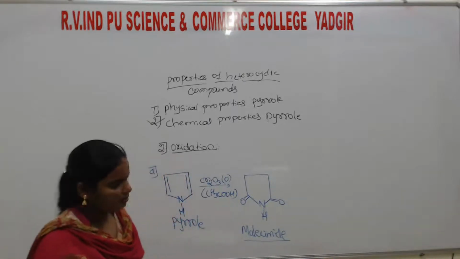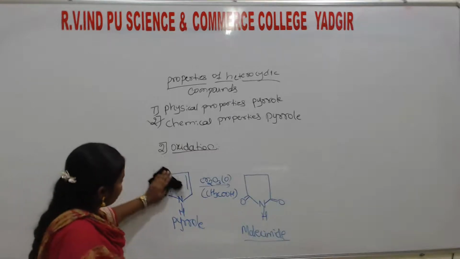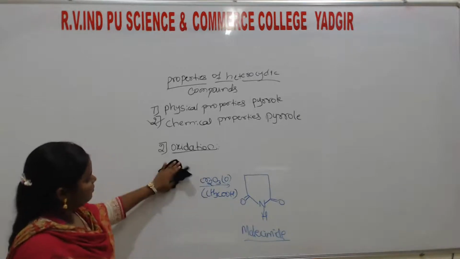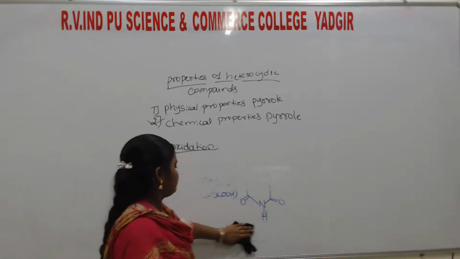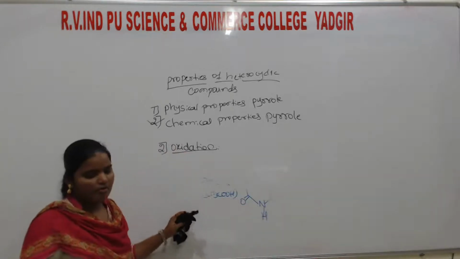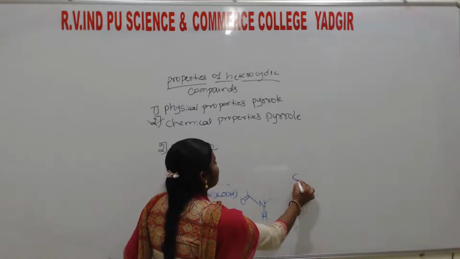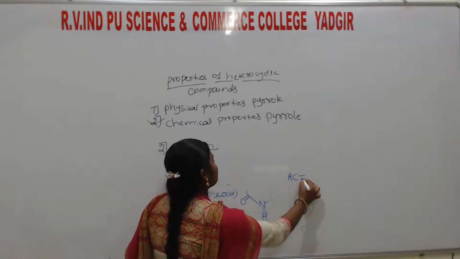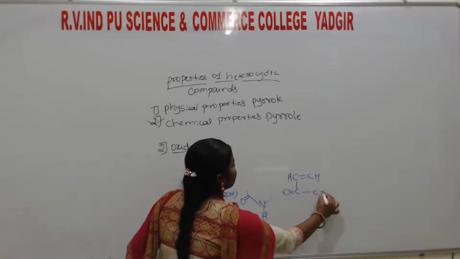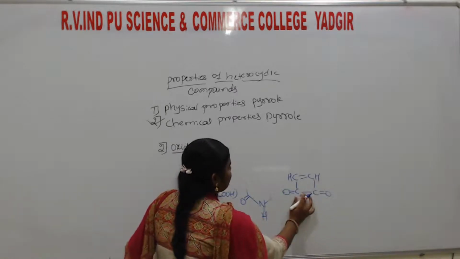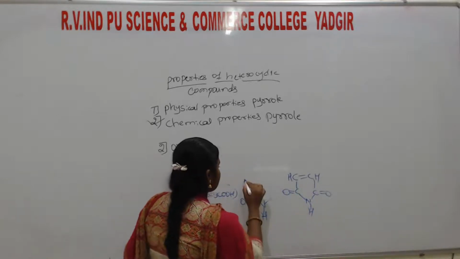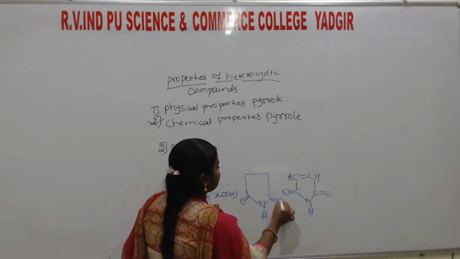Next, B. This is A and B. You also write this structure: CH double bond CH, C double bond O and C double bond O, here N, this is H. Now write this structure this way also.